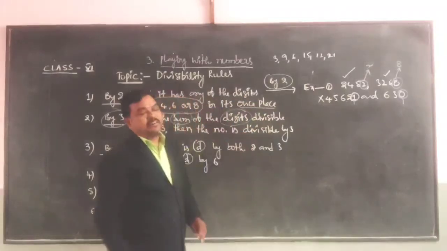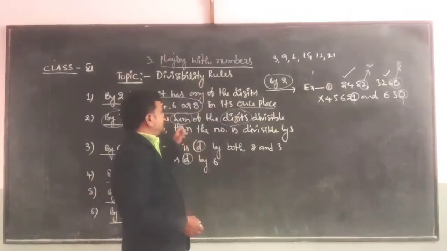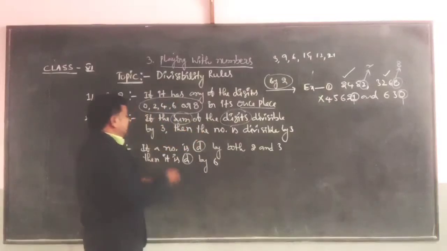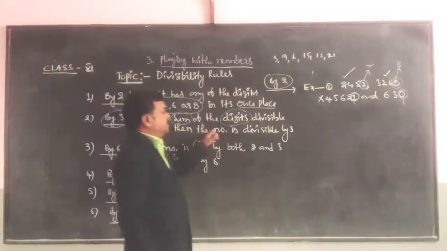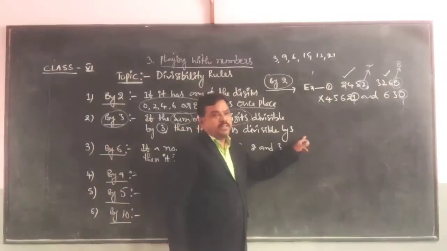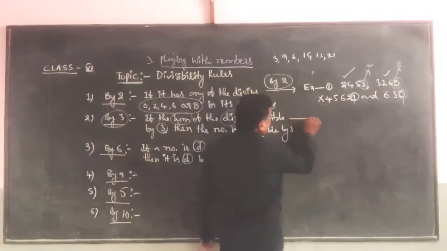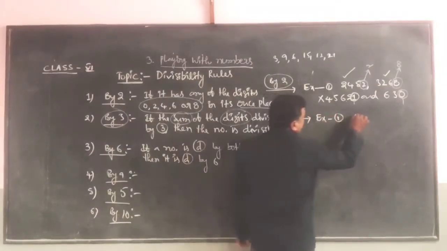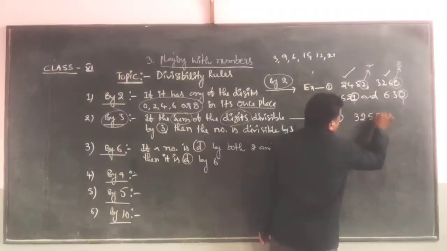These are the multiples of 3. If the sum of the digits of a number is divisible by 3, then we can say that the number is divisible by 3. See, I am taking one example. 32,527.